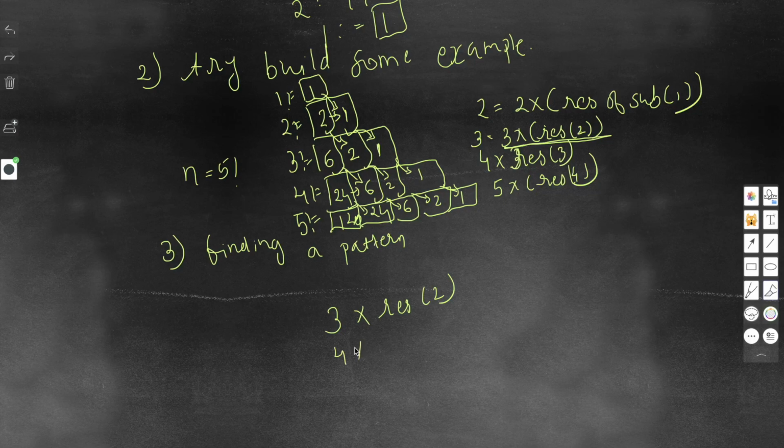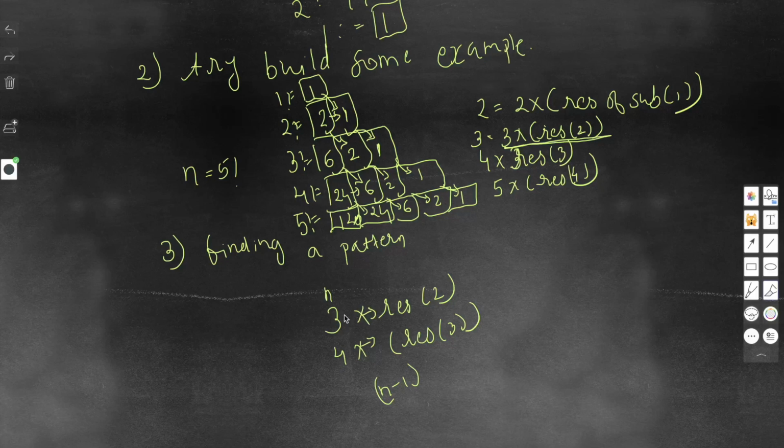The same happens with 4, right? I will take the result of 3, multiply, and I will get the answer. So I can see one pattern. I will tell the recursion, can you please calculate factorial for n minus 1? Let's suppose this is n.